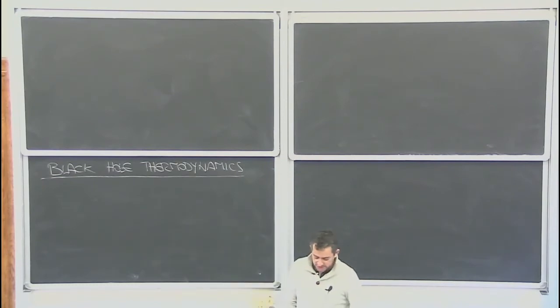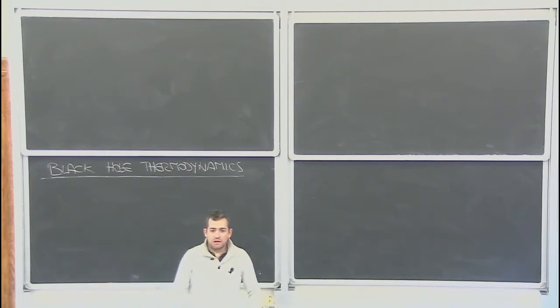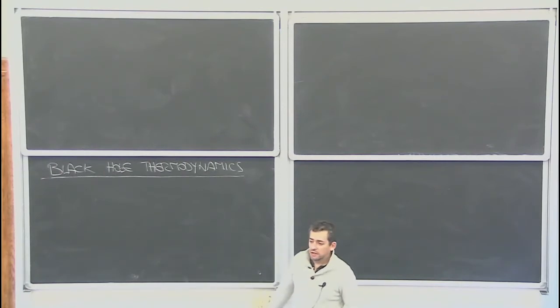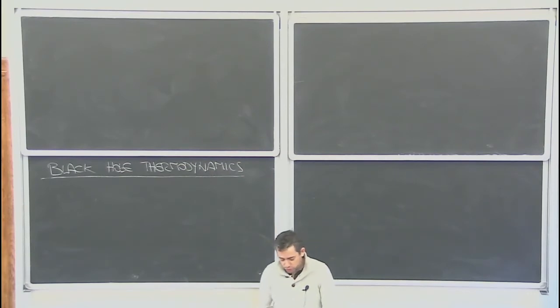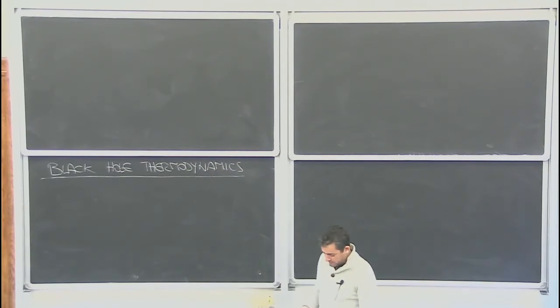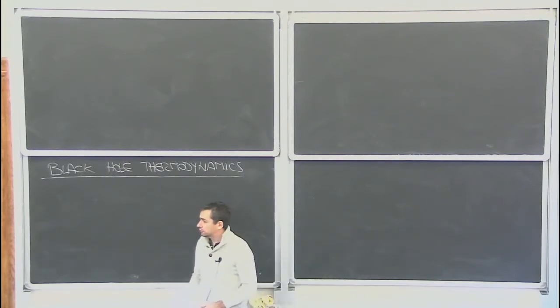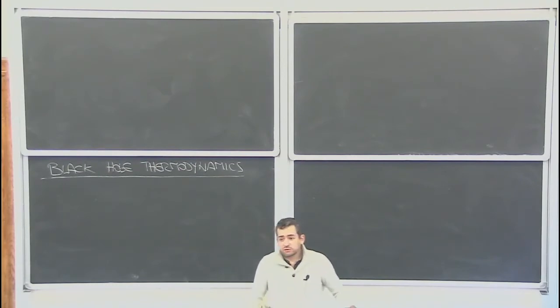So the idea is that maybe black holes carry entropy, so that if you throw something that has an entropy into the black hole, the entropy of the black hole increases, and the overall entropy does not decrease. So the second law is satisfied. Moreover, black holes are formed by the collapse of matter, and this for sure carries entropy.